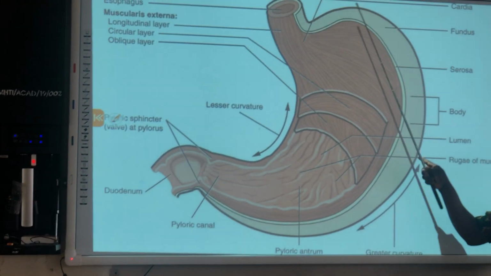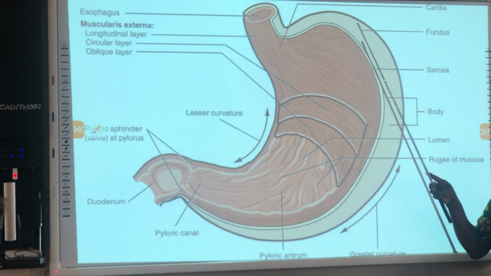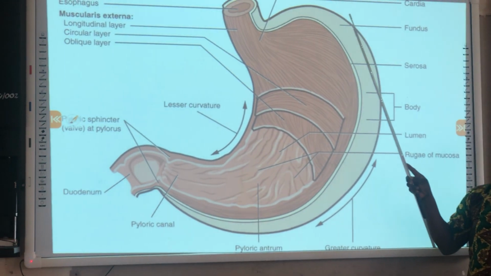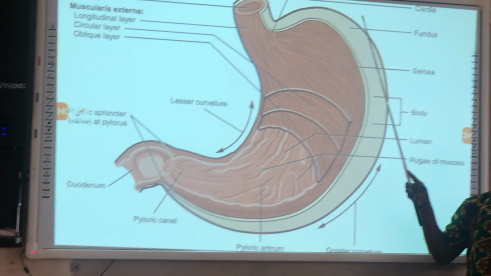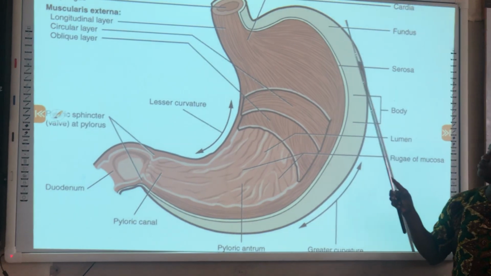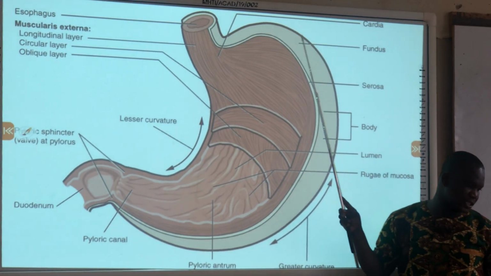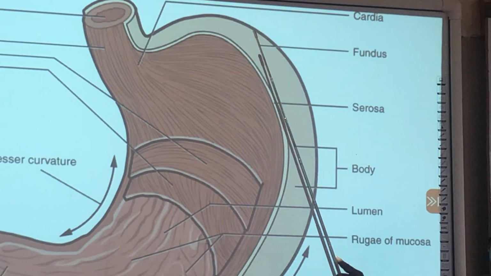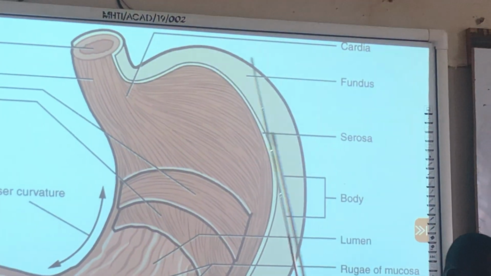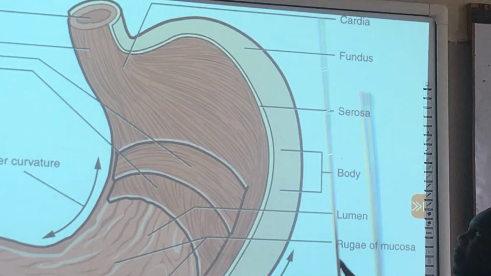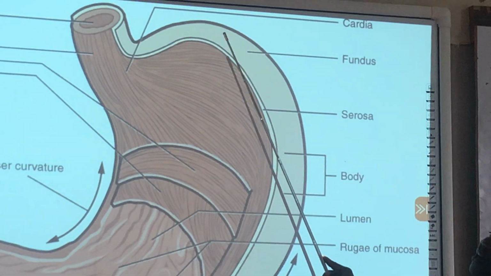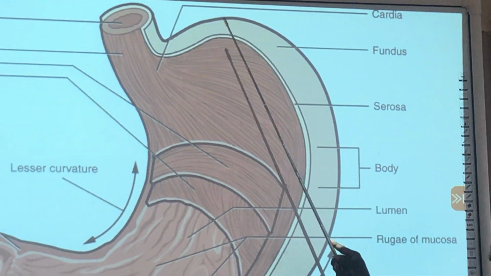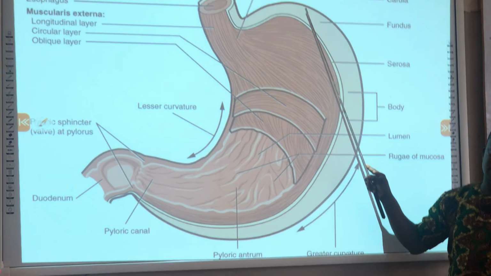Now let's take the fundus. As you see, the fundus is the dome-shaped portion, and aside from being dome-shaped, it is the most superior portion of the stomach. But remember that the fundus can expand above the level of the cardiac region.